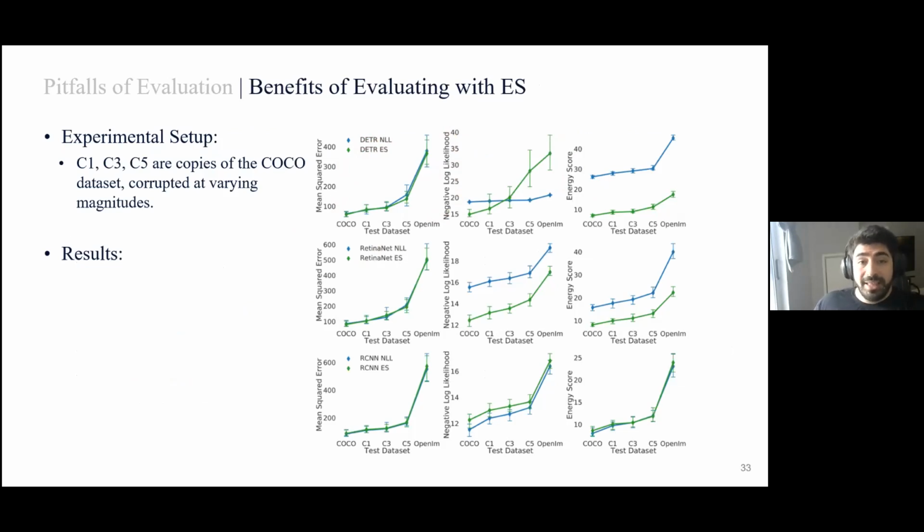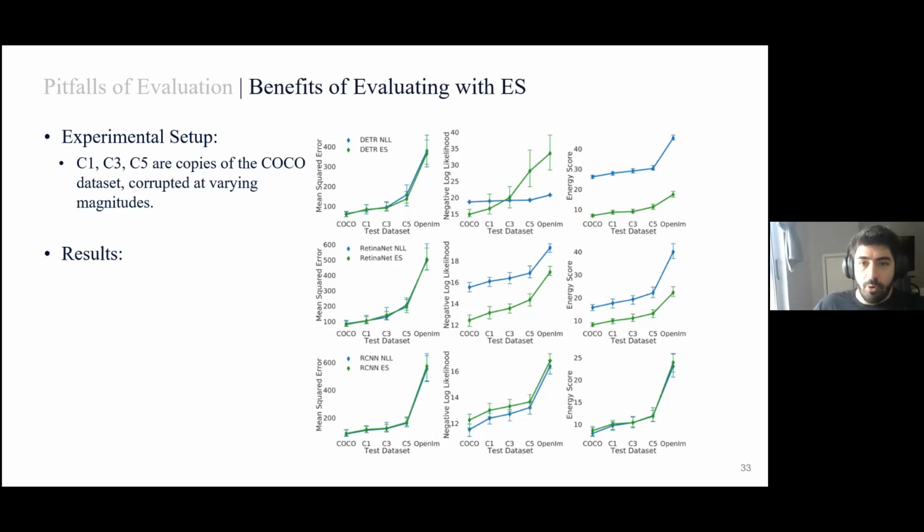The first thing to note is that the networks provide the same mean squared error. That means when the proper scoring rule changes, it's because of changes in the covariance estimates and not in the actual mean estimates. We notice that evaluating with negative log likelihood is biased towards high entropy distributions.